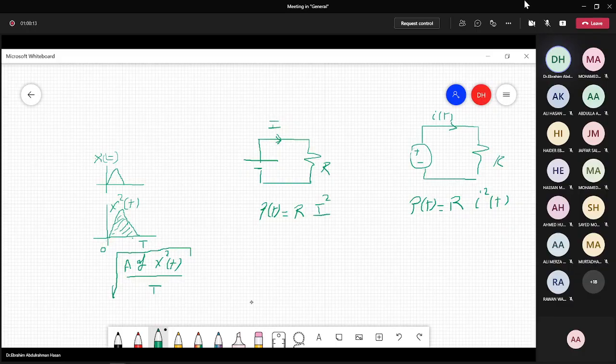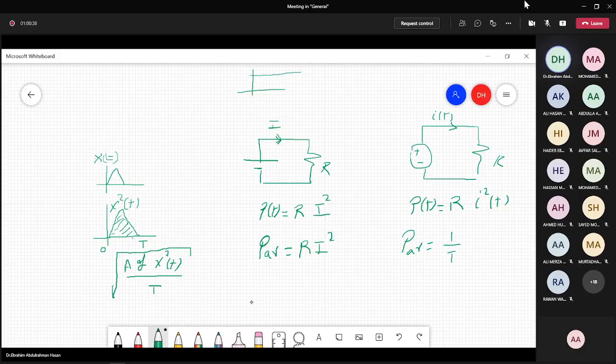But since this one is DC, P average is a constant. So P average is equal to R multiplied by I squared. While for this one, the average value is equal to area under the curve divided by interval.